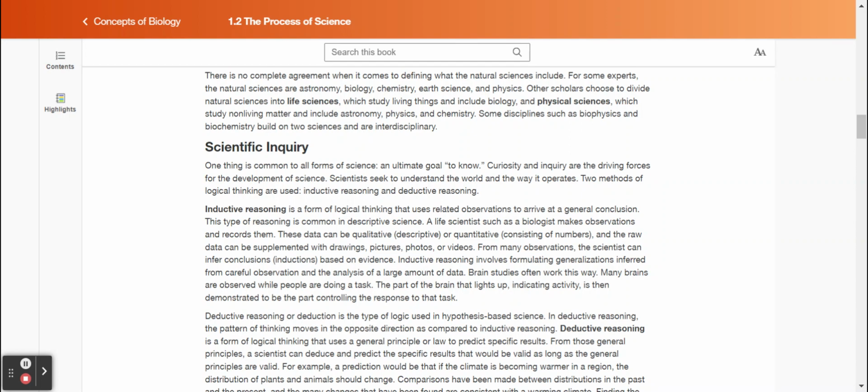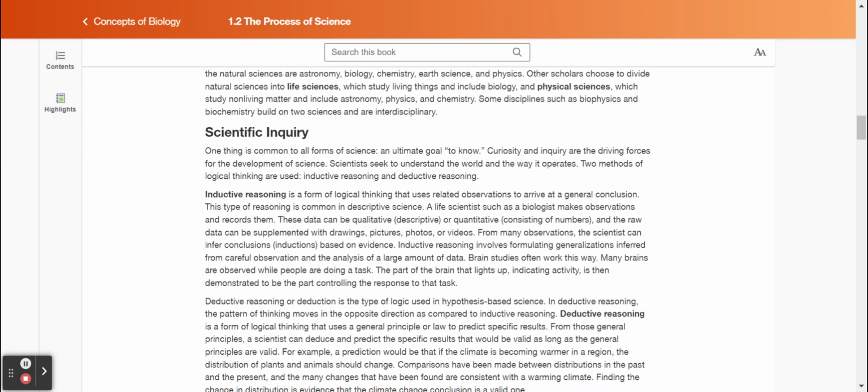Other scholars choose to divide natural sciences into life sciences, which study living things and include biology, and physical sciences, which study non-living matter and include astronomy, physics, and chemistry. Some disciplines, such as biophysics and biochemistry, build on two sciences and are interdisciplinary.